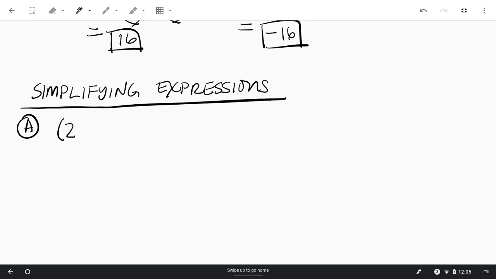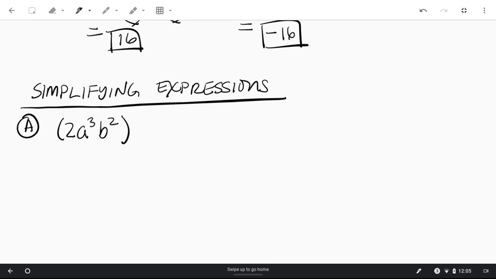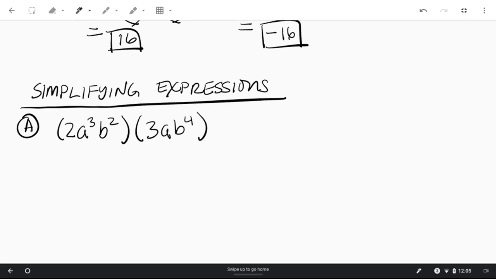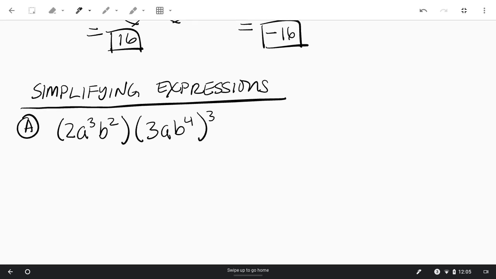All right, 2a cubed b squared times 3ab to the 4th, all raised to the third. A lot of times students are like, oh, how do we even begin with this?